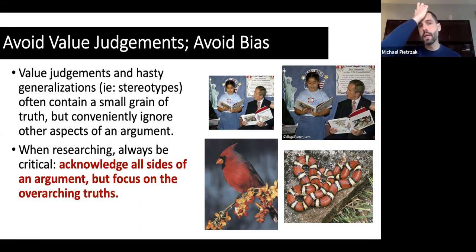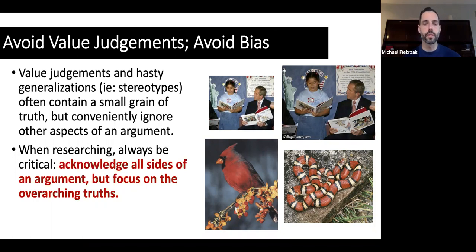So anytime you make a generalization about an ethnic group, about a gender, about whatever type of food, you're probably drawing a stereotype. There might be some truth in it, but it's not really fair or accurate to generalize to the entire group, or the entire subset, because it ignores a lot of exceptions.